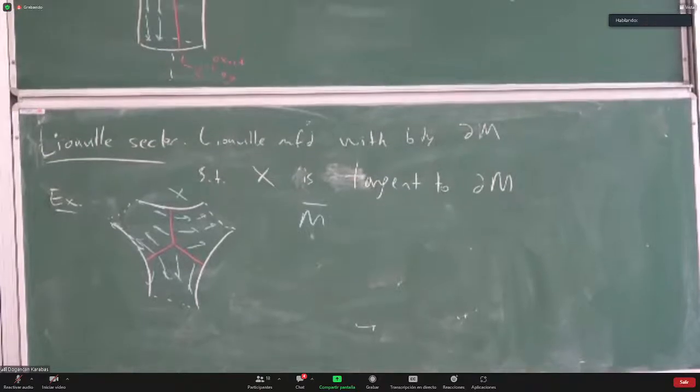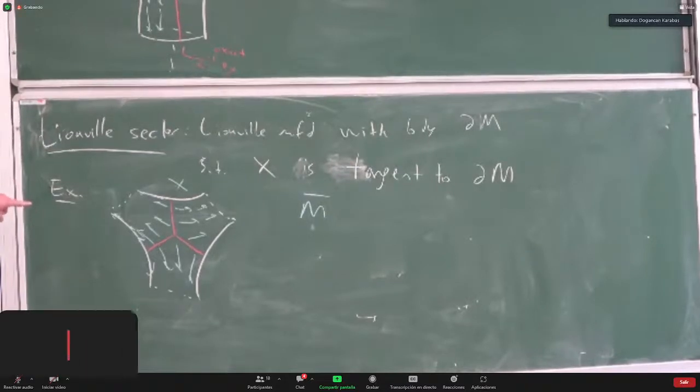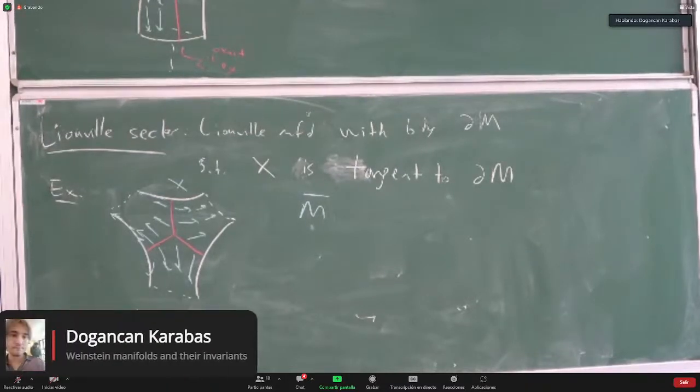So then, of course, one asks, can I study just the skeleton and understand the Weinstein manifold? Topologically, that is wrong. The topological type of the skeleton doesn't recover the Weinstein manifold. One example is the punctured torus versus the pair of pants.